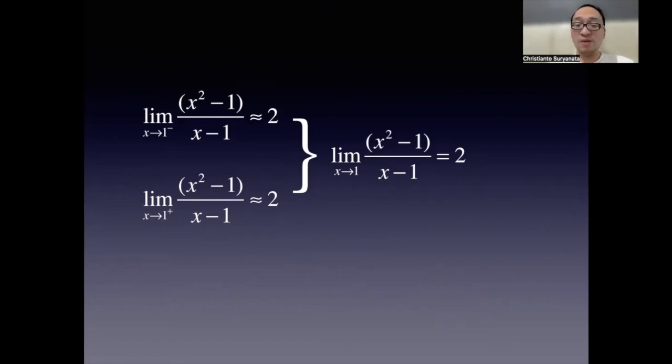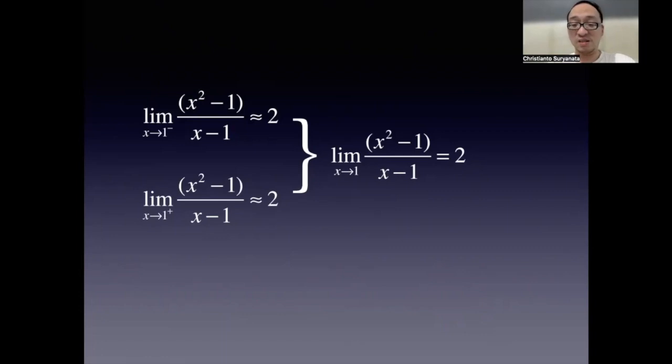So we use the limit function to find a value in a region that is undefined. If we have a normal function and there is no problem when we substitute the value of x into the function, then we do not need to use the limit function. But we use the limit function to see the approximation value around the undefined region.